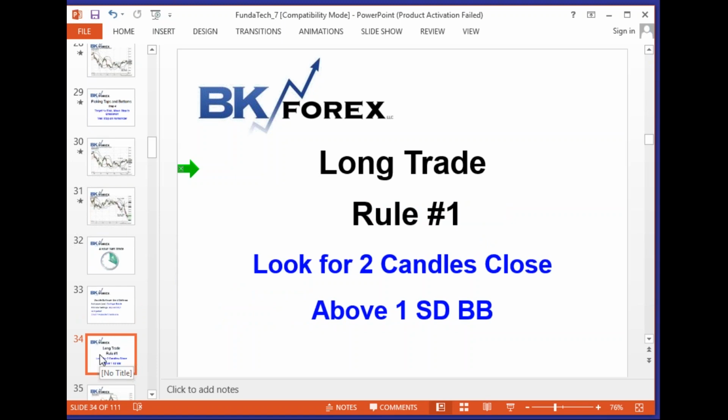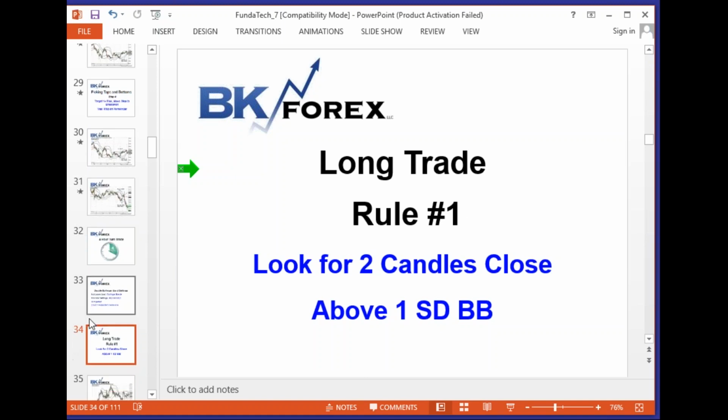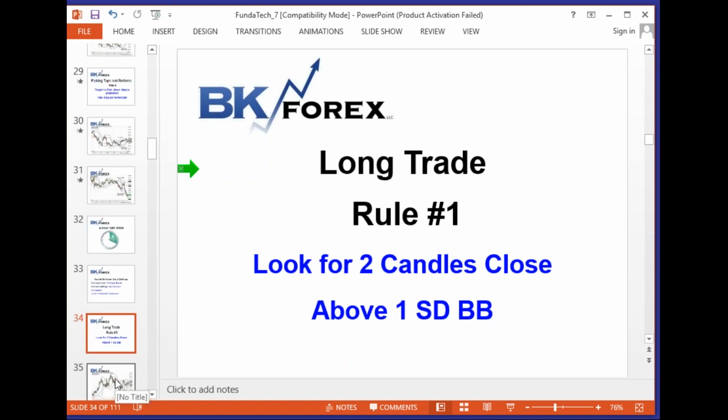Therefore, we have a slight addition of a filter. The slight addition of a filter is that you want to look for two candles to close below the first standard deviation Bollinger Band, or above the first standard deviation Bollinger Band, depending upon which side of the trade you're taking.